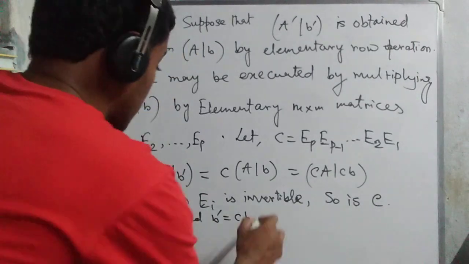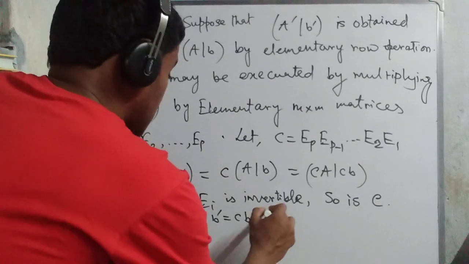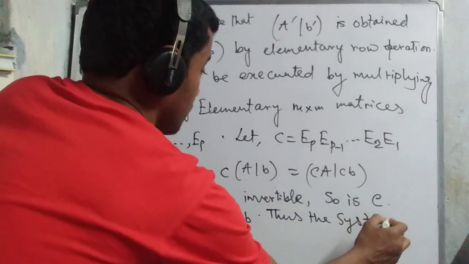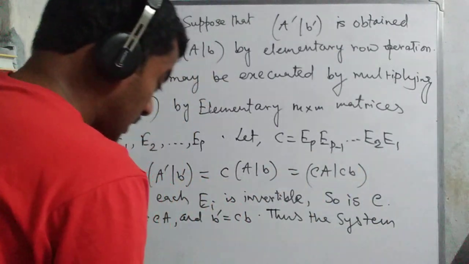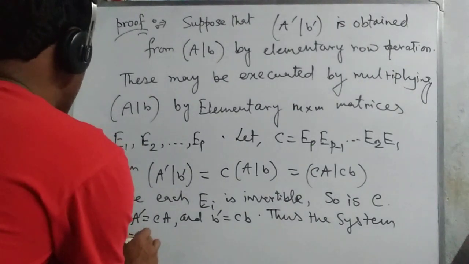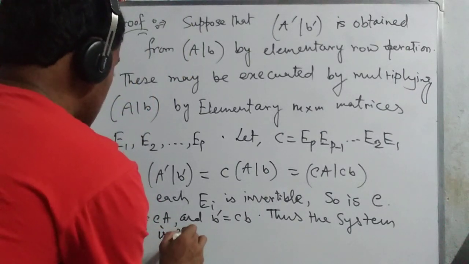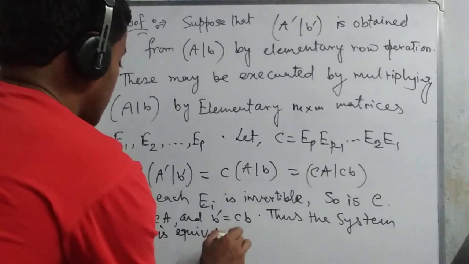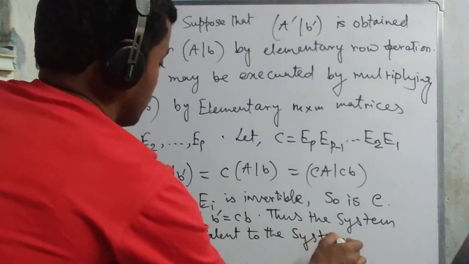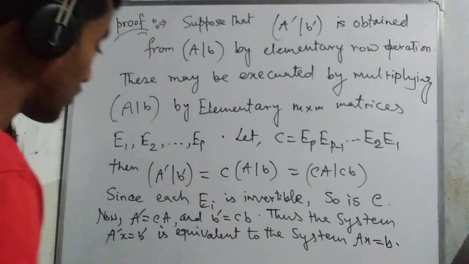Thus the system A dash X equal to B dash is equivalent to the system AX equal to B. Understood, not a problem at all.